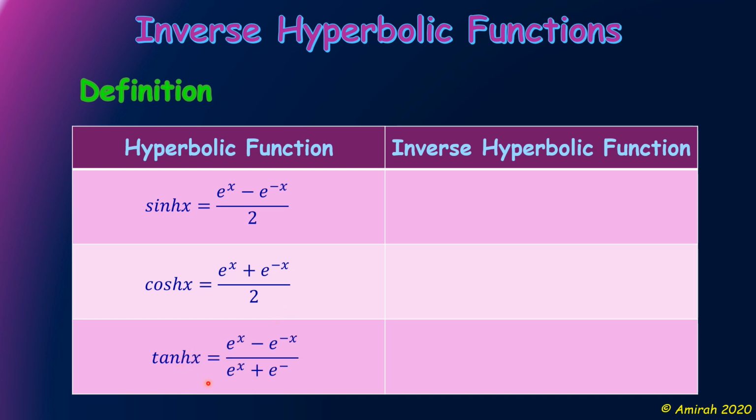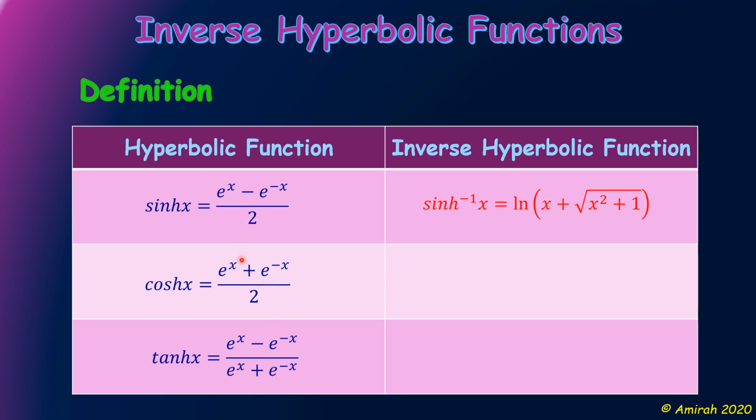And tanh x equals to e to the power of x minus e to the power of negative x over e to the power of x plus e to the power of negative x. From here, you can see that all formula under hyperbolic function is given in terms of e.